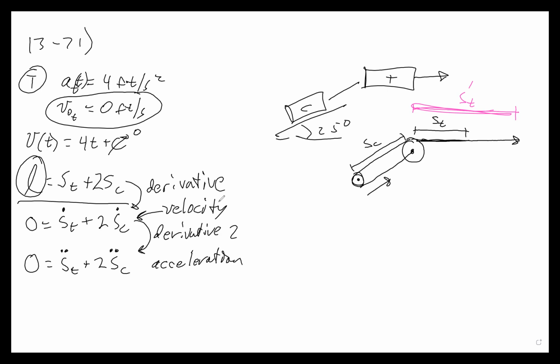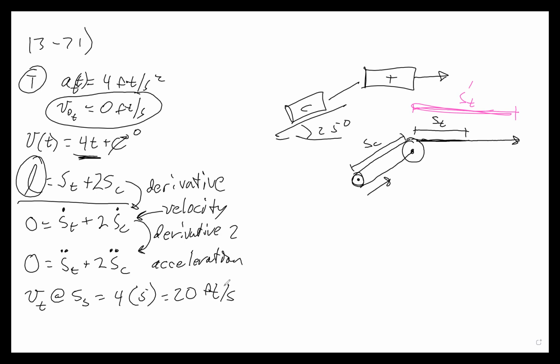If we know the velocity of the truck is 4t, and we care about 5 seconds, then the velocity of the truck at 5 seconds is going to be equal to 4 times 5 seconds, which is 20 feet per second.